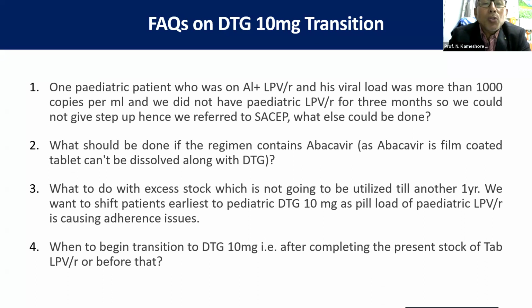For excess stock, it is better to use the stock, but according to the requirement of the situation of the child. So when to begin transition to DTG tablet, after completing the present stock of tablet lopinavir, ritonavir, or before that? The recommendation now is that transition is being done. Next.